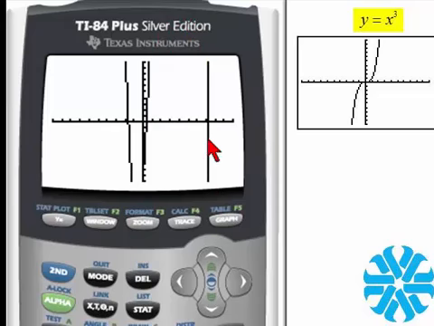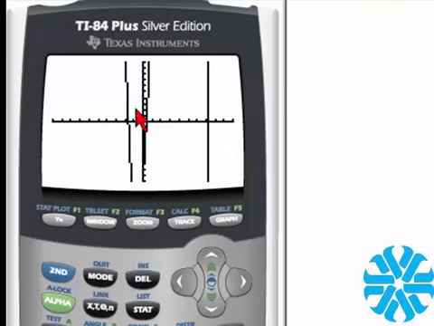So one thing that we can notice is that between 0 and let's say 8, there is a maximum. It's going to reach some peak, so it increases, hits a maximum, then decreases back down. So we can figure out how high we need to go to view the rest of this graph.